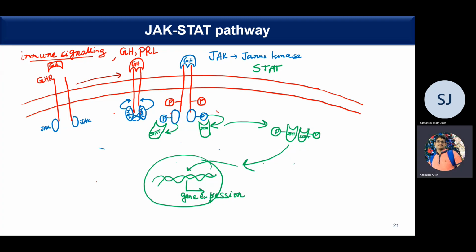So the variety comes from the combination of Jaks and STATs. There are 4 Jaks known as Jak 1, Jak 2, Jak 3, and Tyk. And there are around 7 total STAT proteins.